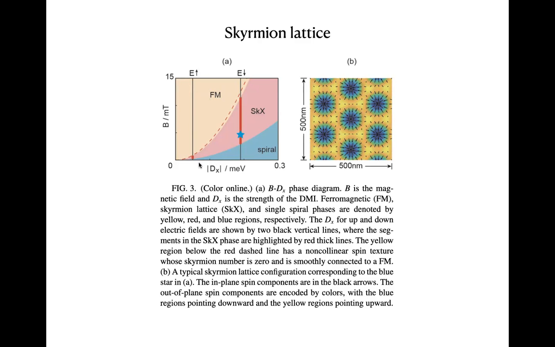But if we switch the direction of the electric field, there is a very large range of magnetic field parameters where the system forms a skyrmion crystal, and also a large region of spin spirals.